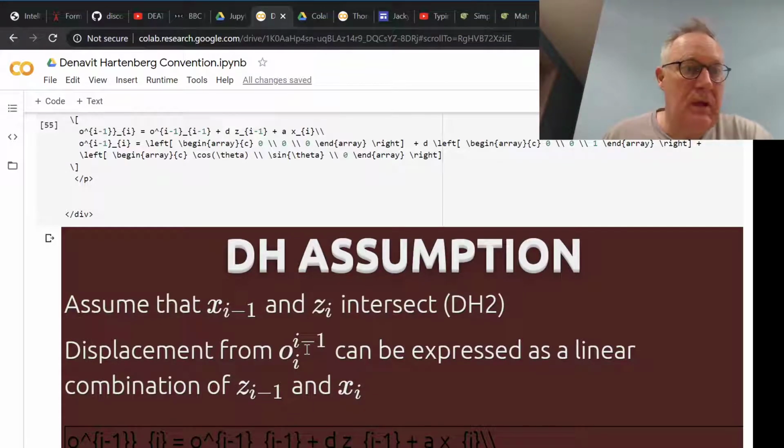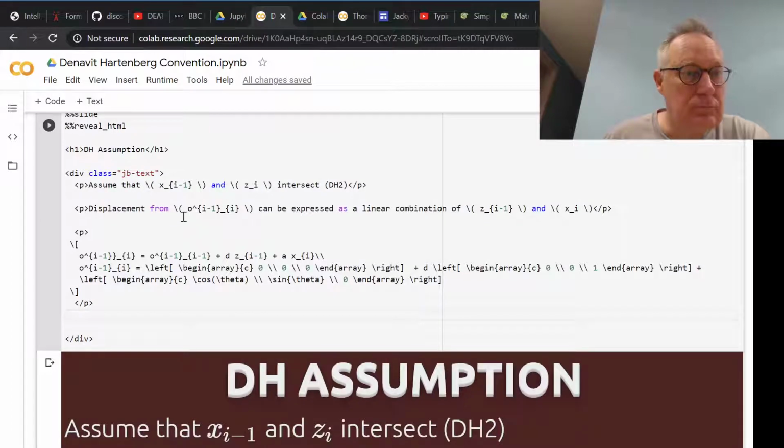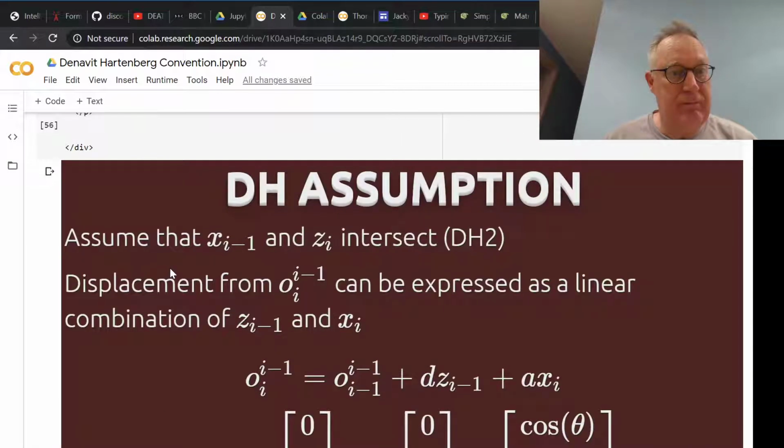So the displacement from i minus 1 to i, the displacement of the origin, is going to be a linear combination of z_{i-1} and x_i. And then here we have, this is a mistake. That means O_{i-1} to i is 0.